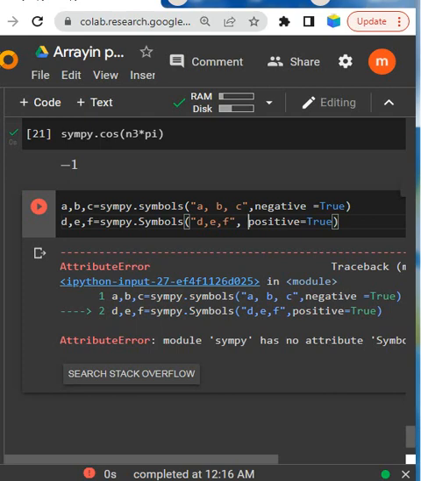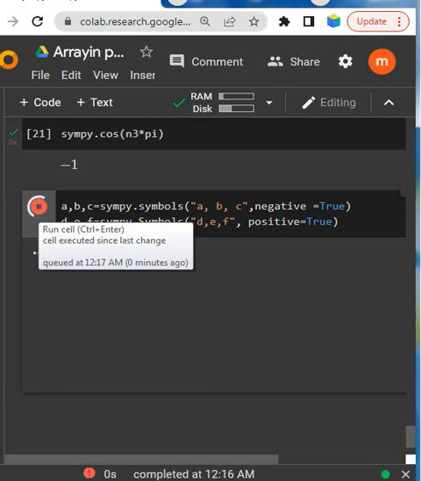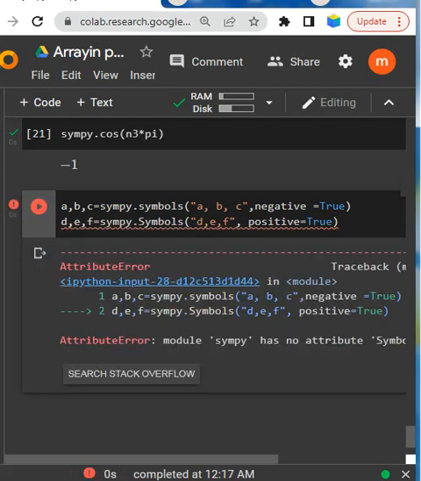Module sympy has no attribute "sympols". So like this way, I can write symbols, comma E comma F. Need to give some space.